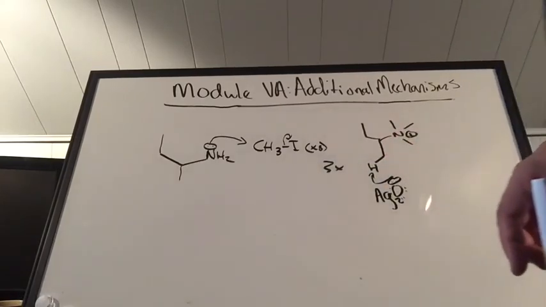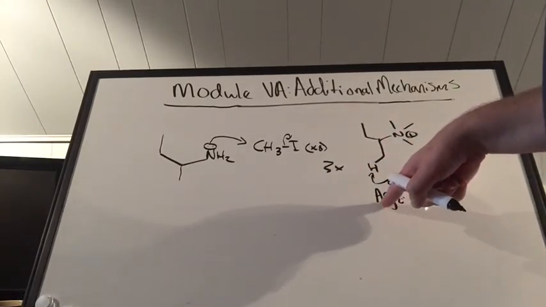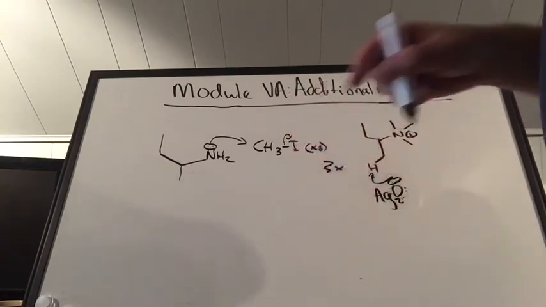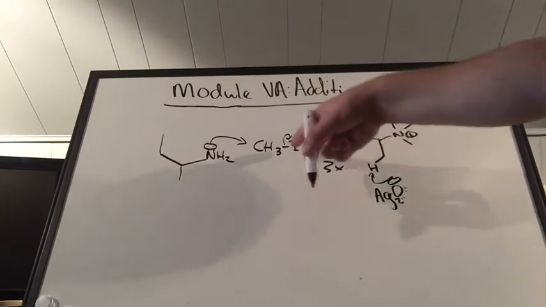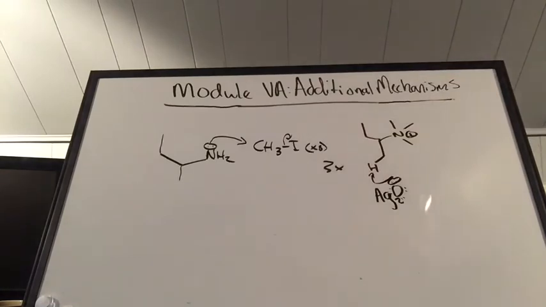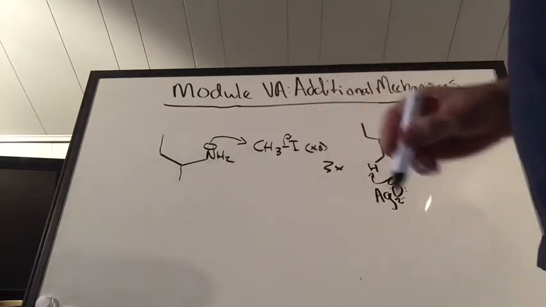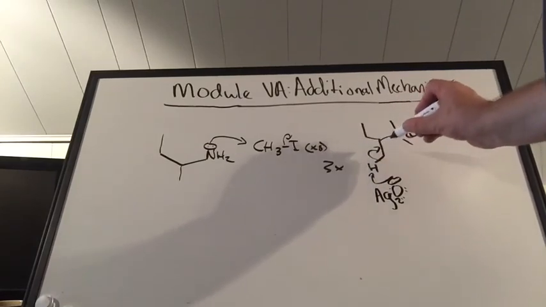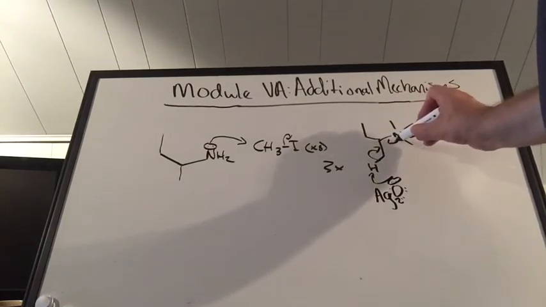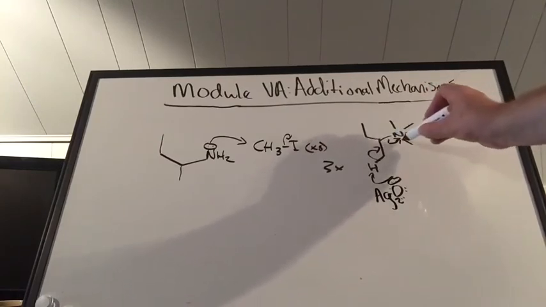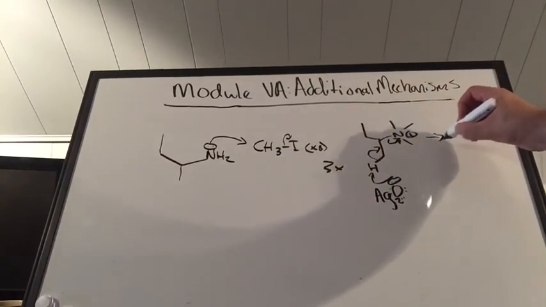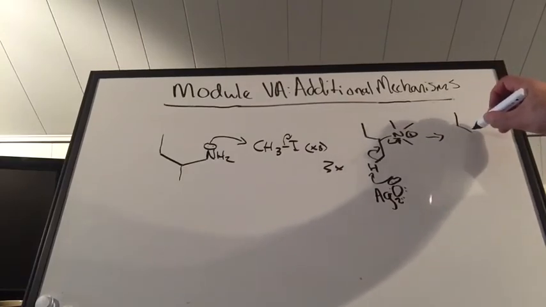So what's going to happen is these silver ions, silver plus ions, are going to form a salt with I minus. Okay, so you'll form silver iodide, and then as a result you will eliminate and kick this good leaving group off. Okay, and this will be your anti-Zaitsev product.